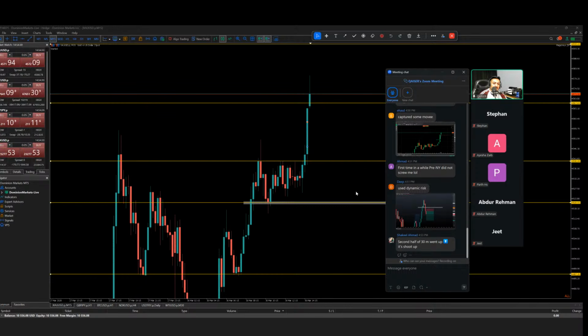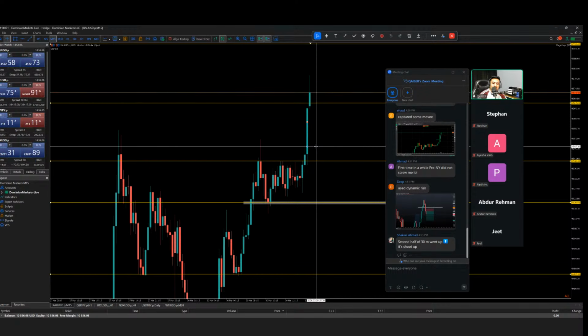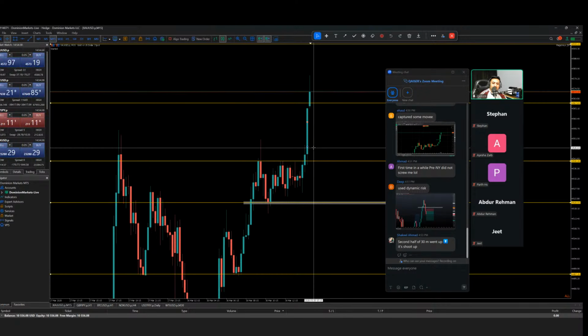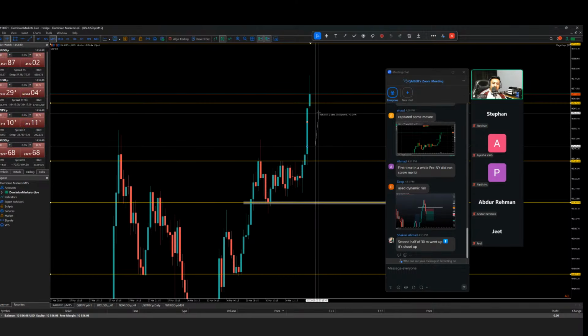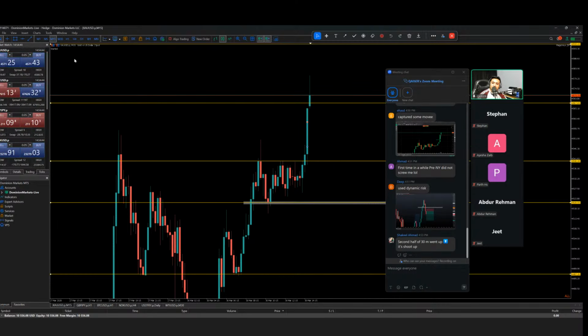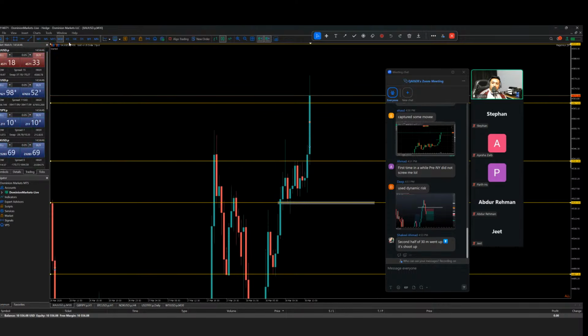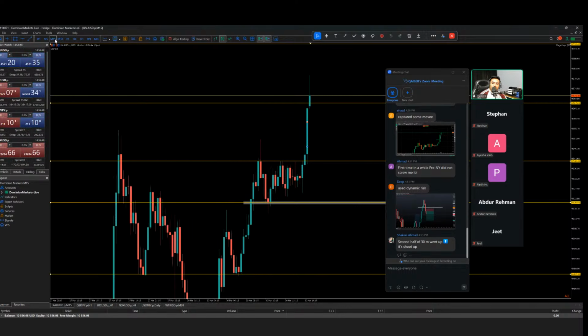The second half of the 30 minute went up, it shot up. Yeah, not the second half, I would say. This 50-minute candle shot up in the last 2 to 3 minutes. I remember 170, 180 pips in the last 2 to 3 minutes. So let's see how this candle is going to close, and then I can readjust my zones.